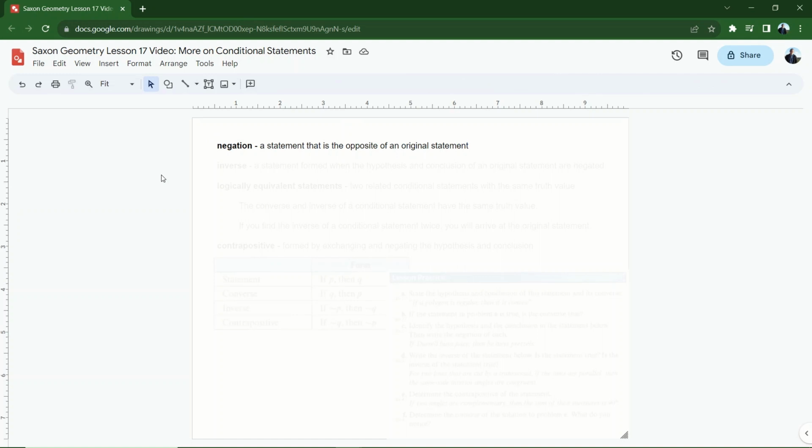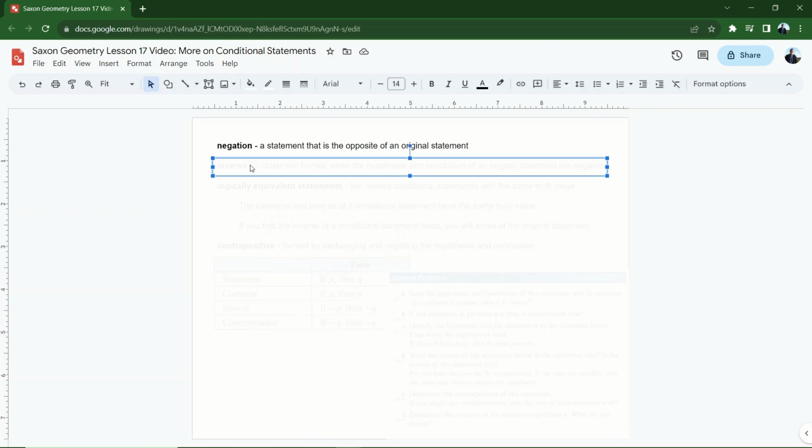It's when we take a statement and we just change it so it's the opposite of a statement. It is 85 degrees outside today. The negation of that statement would be, it is not 85 degrees outside today. So all you do is you put the word not into a statement in the correct place, and you negate the original statement to say the opposite.